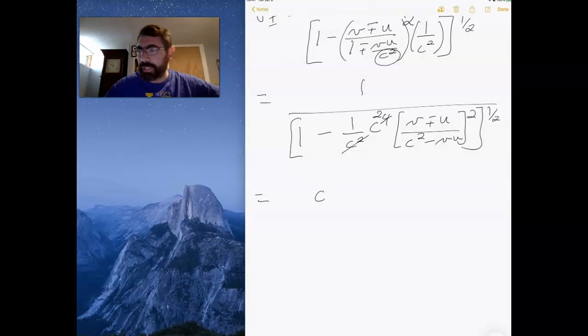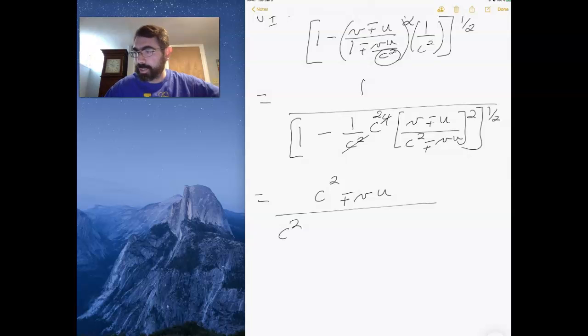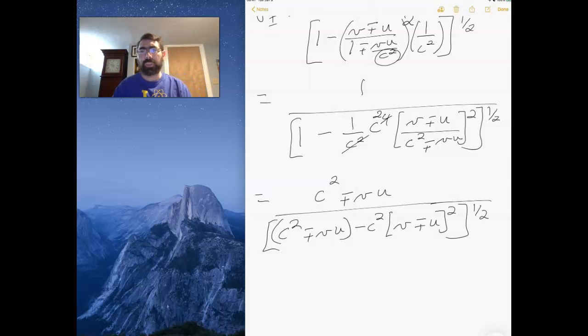And so I would get a c squared ∓ vu in the numerator, over c squared minus c squared (v ∓ u) quantity squared, and then all of that you apply a square root to. Sorry, this is squared. I make sure not to forget the squares.